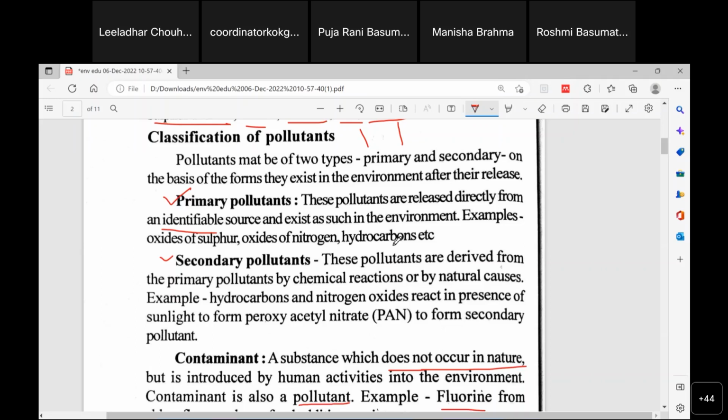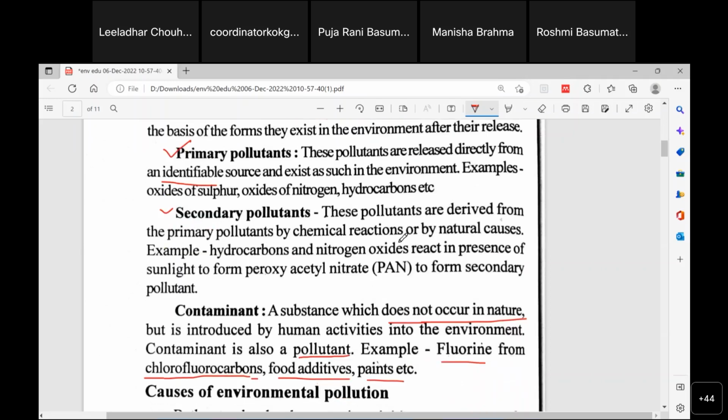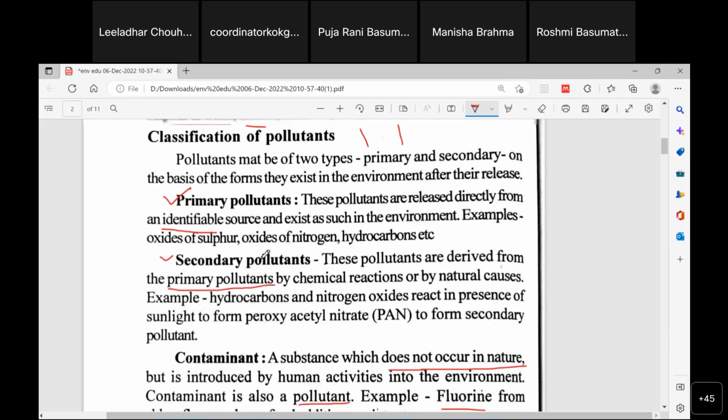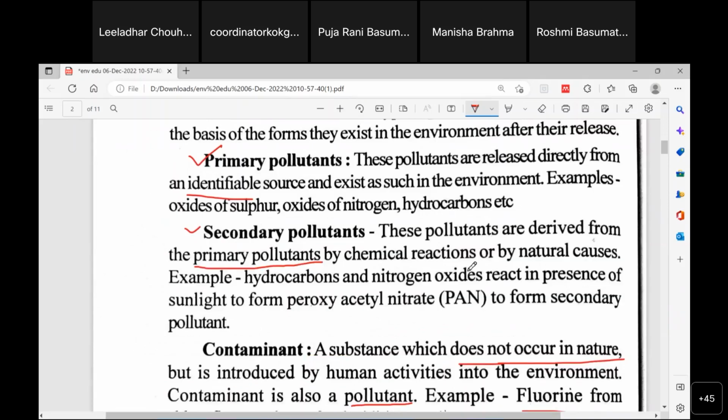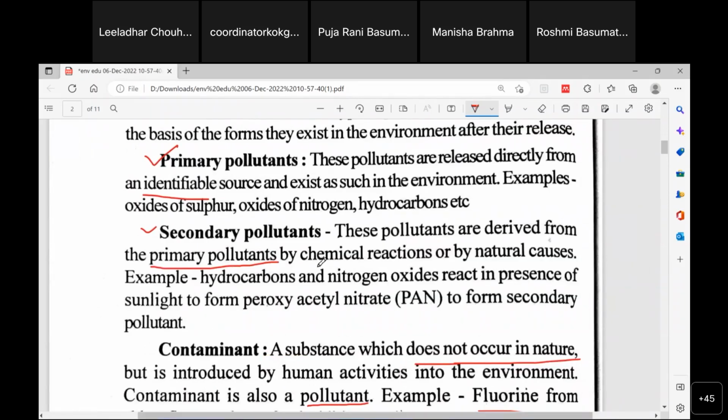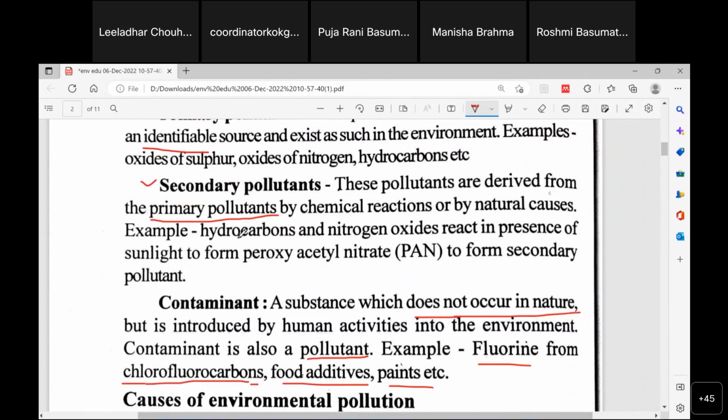What is a secondary pollutant? These pollutants are derived from primary pollutants by chemical reactions or by natural causes. So some primary pollutants are released from some sources in nature, and these primary pollutants undergo some chemical reactions, and by that way they produce some other chemicals.